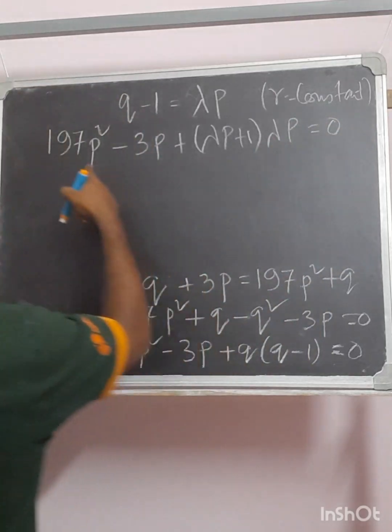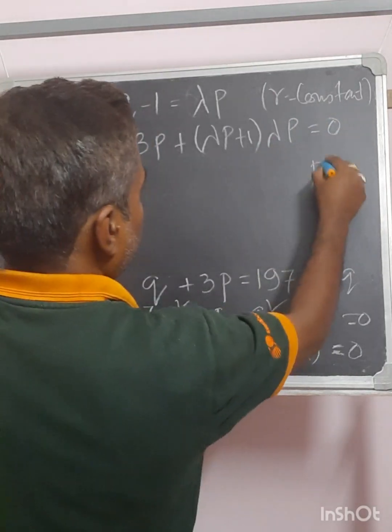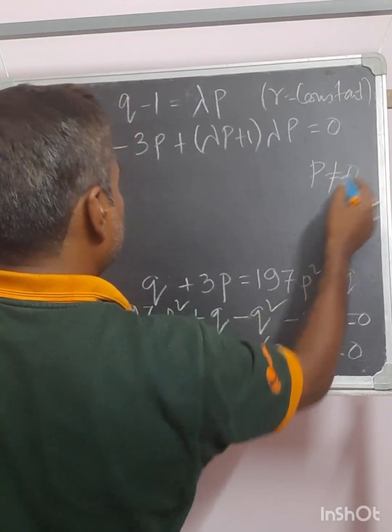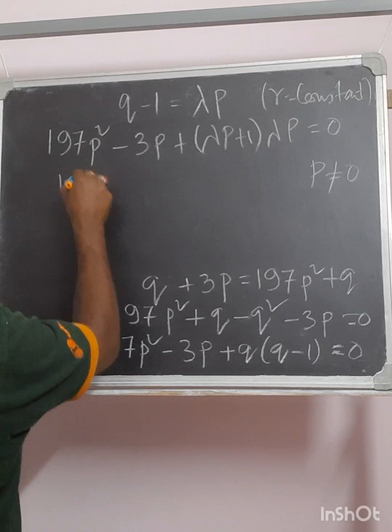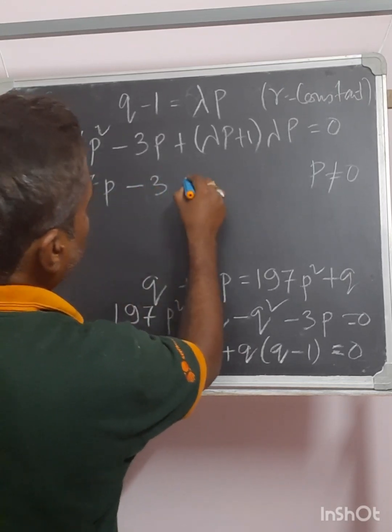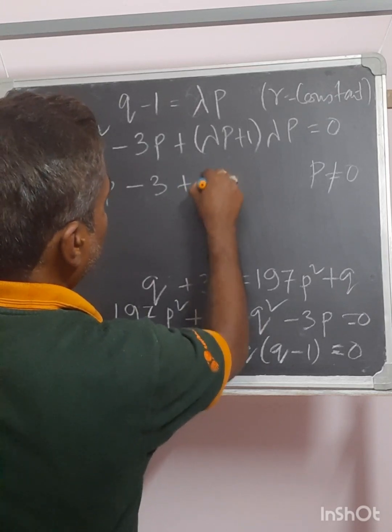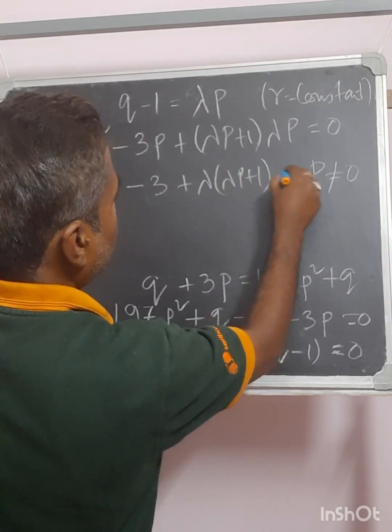So if I eliminate P from each term, because P is not equal to 0, because P is a prime number and it is an integer, the expression will remain with P minus 3 plus lambda into lambda P plus 1 equal to 0.